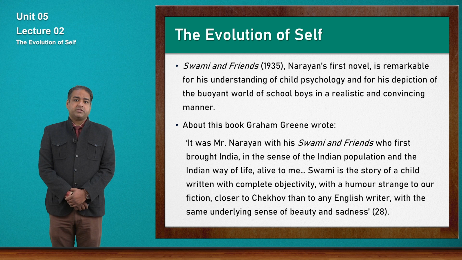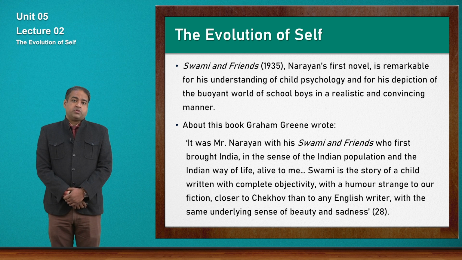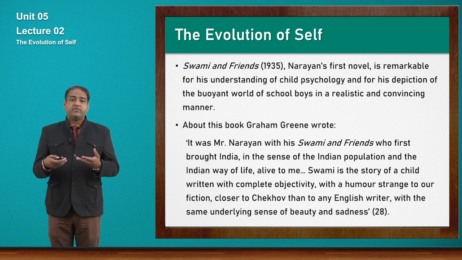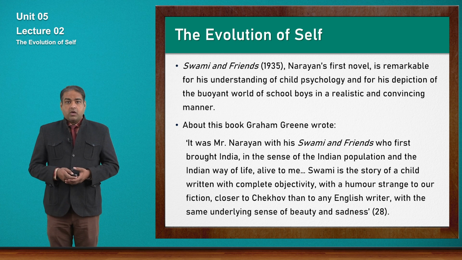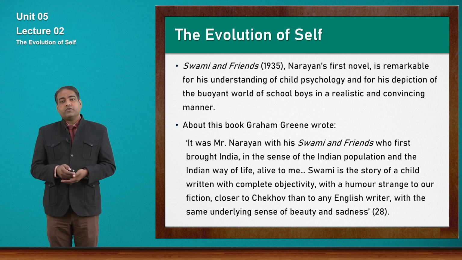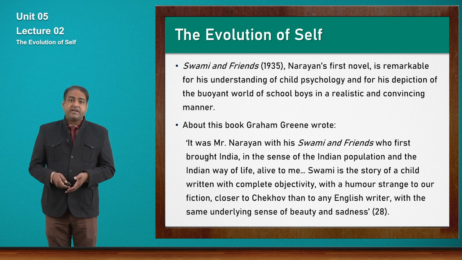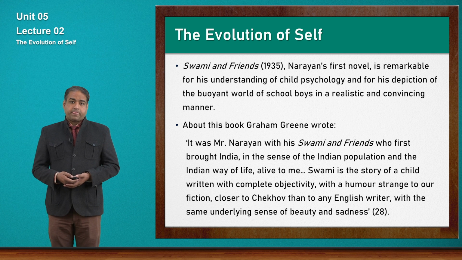Another important aspect is the understanding of child psychology, how children used to think. Obviously, when Narayan wrote this text, he must have been a matured person of 35 to 40 years of age. But going back to one's childhood and thinking like a child, behaving like a child, writing dialogues like a child, how children talk to each other, is a very tough task.